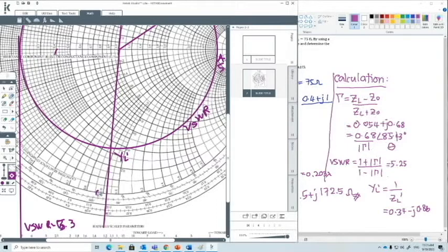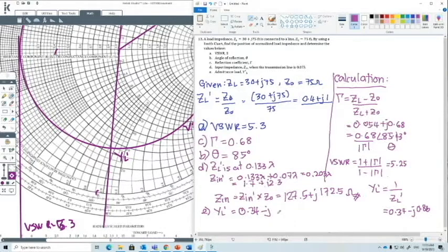So saya ambil lebih sikit, so saya ambil 0.86. And luckily our answer from Smith chart is sama dengan our calculation. 0.34 minus J 0.86.